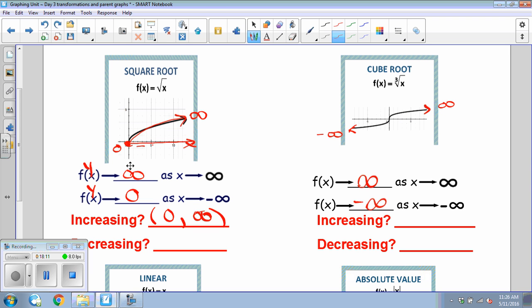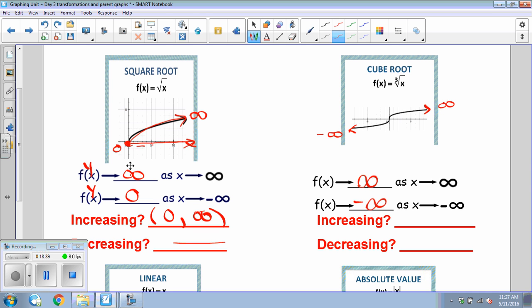Is it ever decreasing? No. Because you're just going from left to right. It's never decreasing. Because you could have some crazy looking graphs. They might give you some crazy looking graph, and say, this lines up with -3, this lines up with +1.